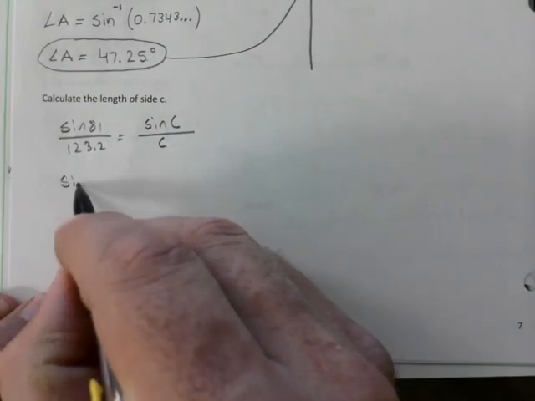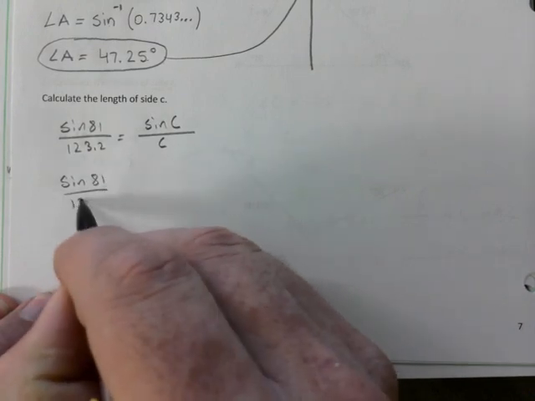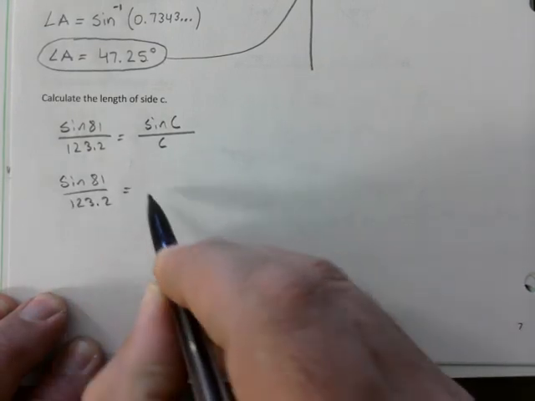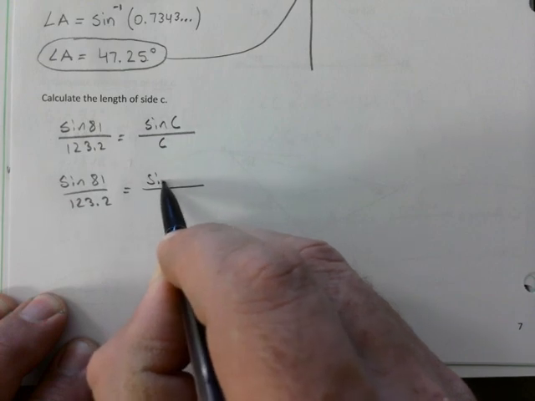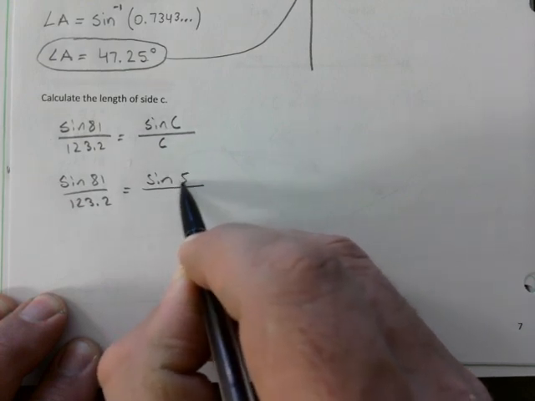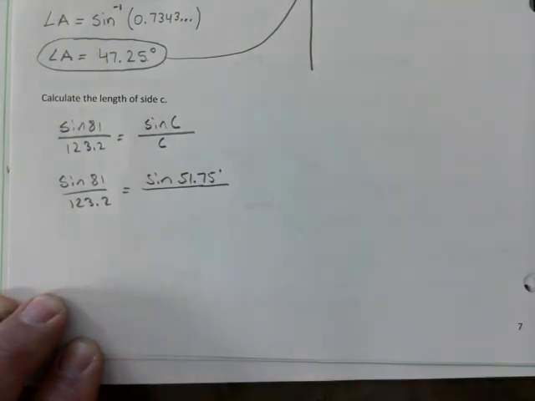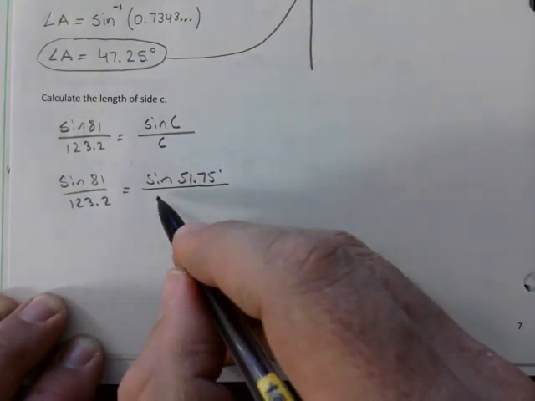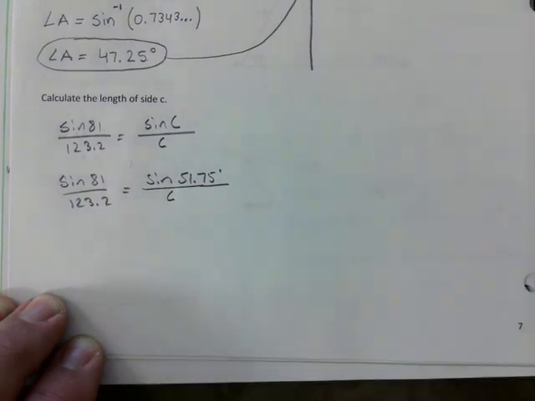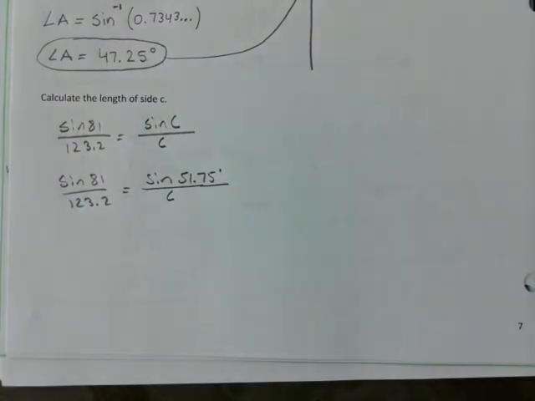So sine of 81 over 123.2 equals sine of angle C, which I know is 51.75, over side C, and so now I'm going to find side C. So we're back to yesterday's lesson here, because I don't want you to forget about it. Okay.